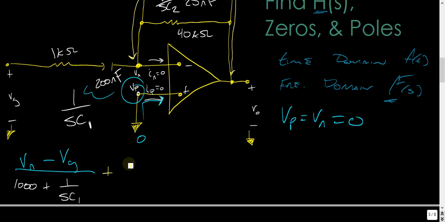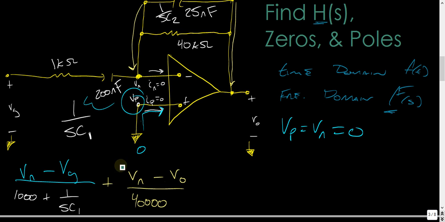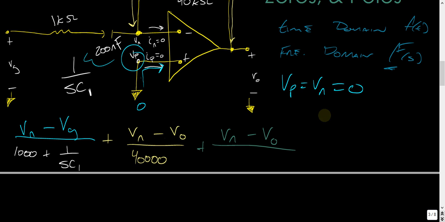So I get V in minus V out over 40,000. And next, I'm going to go up through this capacitor 2, which is going to be plus V in minus V out over my impedance. My impedance is 1 over SC2, and this all equals 0 because that's what Kirchhoff's current law is.